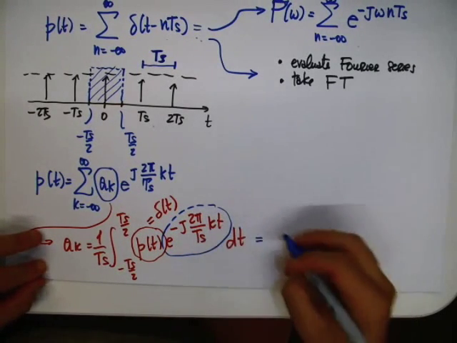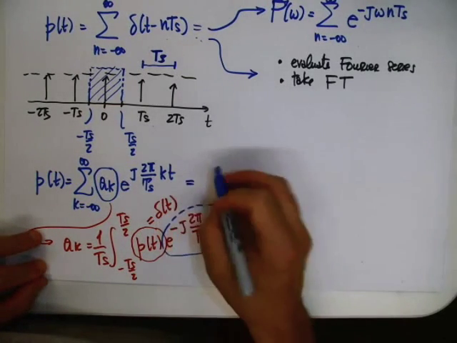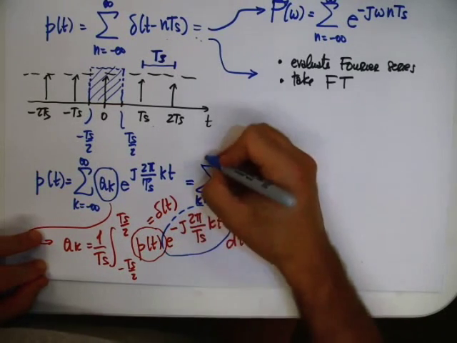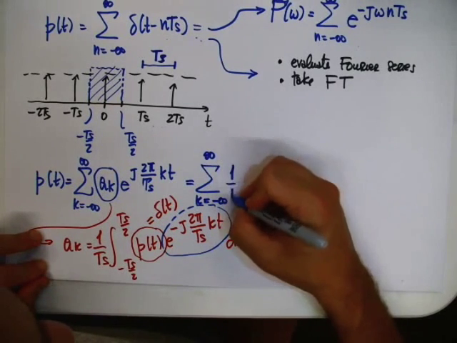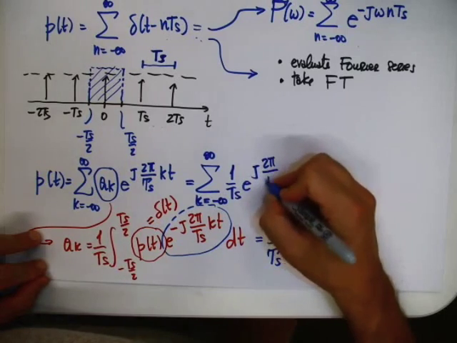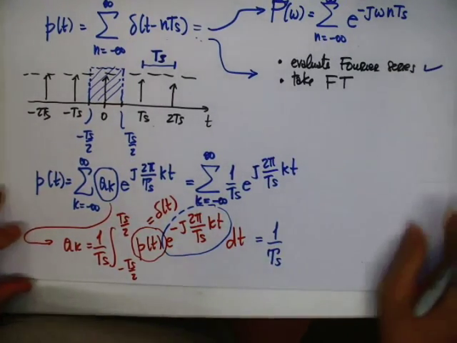So the final result is going to be 1 over Ts. So the Fourier series of p(t) is given by the infinite sum of 1 over Ts e to the j 2 pi over Ts kt. And we are done with this part.